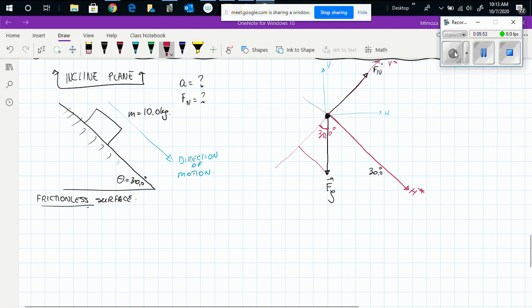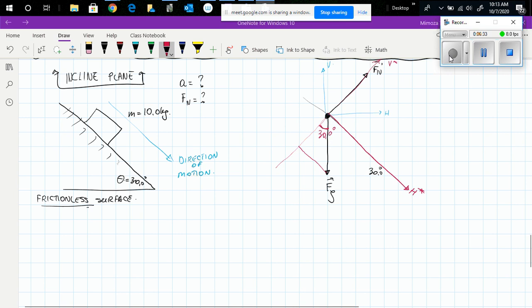Does this make sense? So now, instead of finding the horizontal and vertical components of the forces that the object is experiencing with the normal X and Y axes that you have seen in math, we will find the horizontal and vertical components of the forces with the new set of axes that we have built in place.